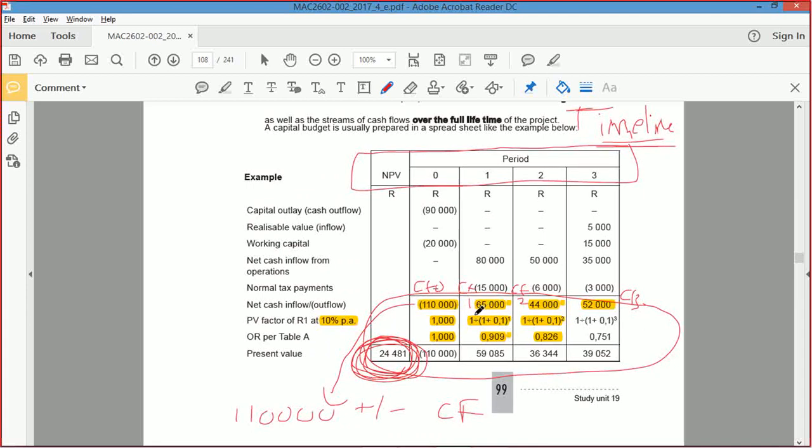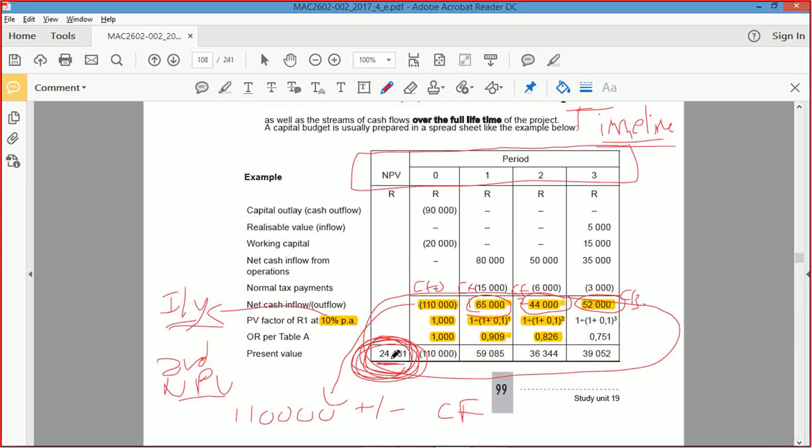Then type in 65, press CF. Type in 44, press CF. Type in 52, press CF. Then put in your rate as 10%, I over Y. Then go second function NPV. What do you get?